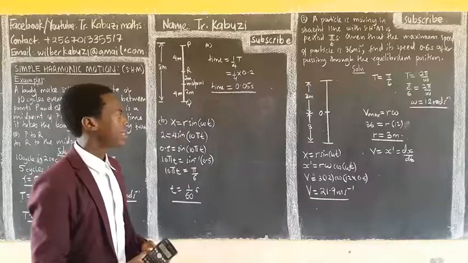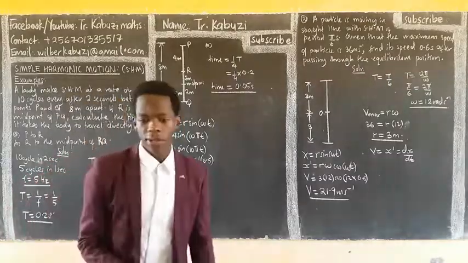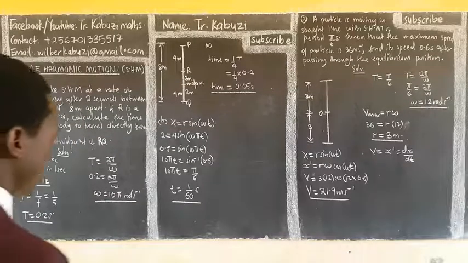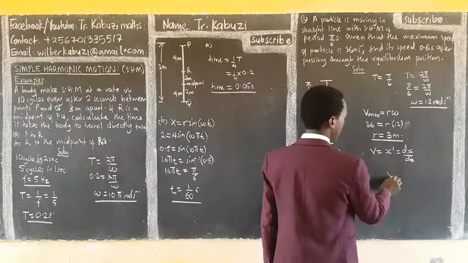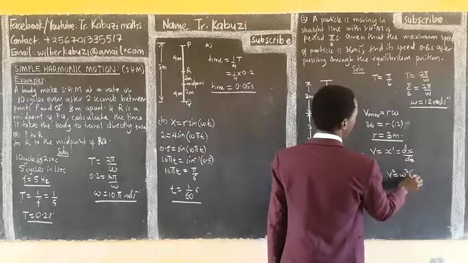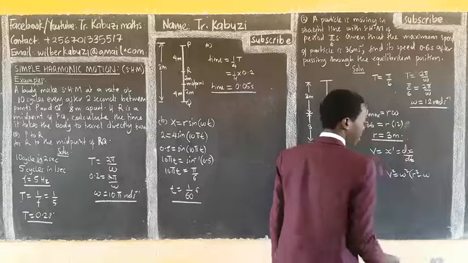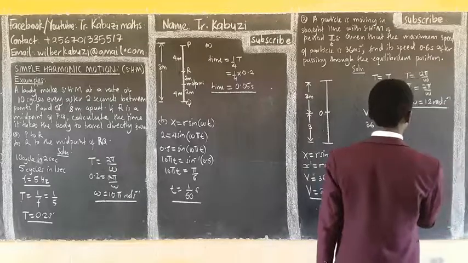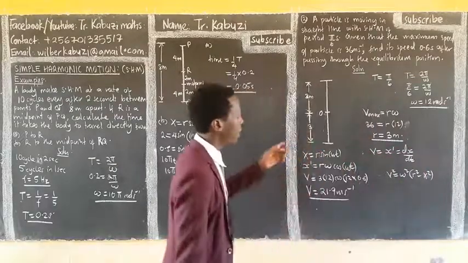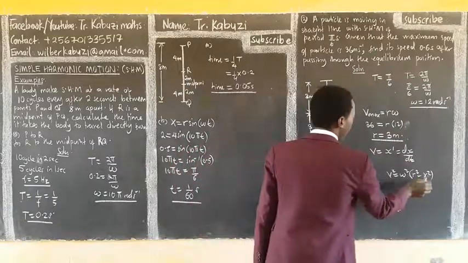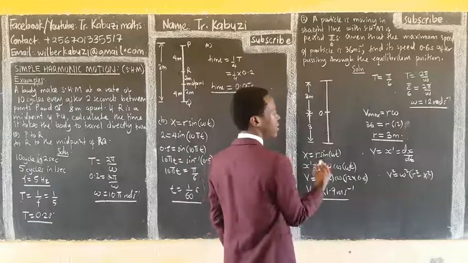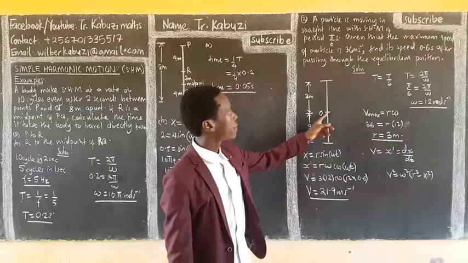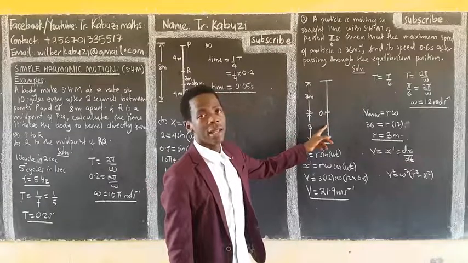As simple as that. When you have that, let me show you something else. If you have a question why I didn't use this ω squared into r squared minus x squared, it's because x is always the displacement from the equilibrium. After 0.6 seconds, I don't have this displacement from the equilibrium to where it is after 0.6 seconds.